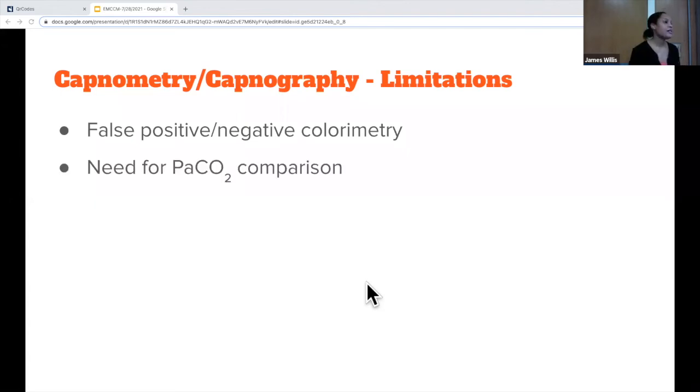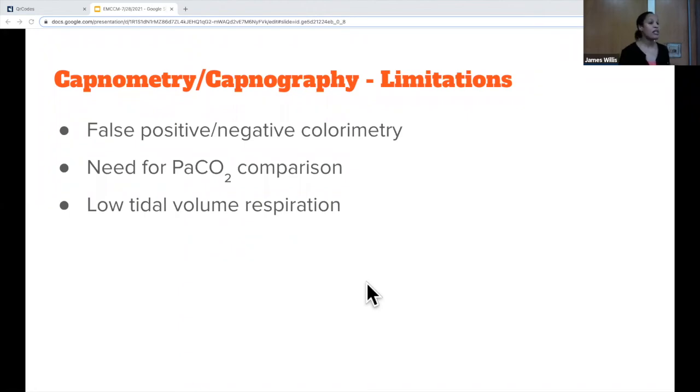However, if you've got someone who's going to be on prolonged end tidal, say a ventilated patient, it is good to sometimes get an actual blood gas to see what their actual PaCO2 is, because your end tidal CO2 may correlate, you can see the trends, but you're not necessarily going to have an accurate number. For procedural sedations, it's generally not an issue because you're just looking at the trend. But beyond that, you may want to correlate it.